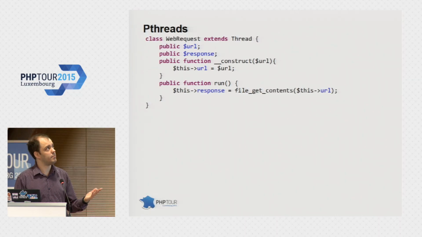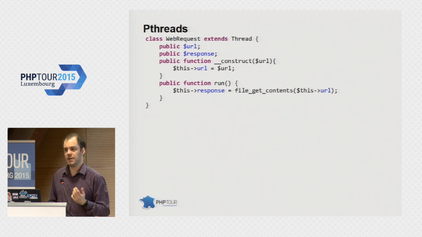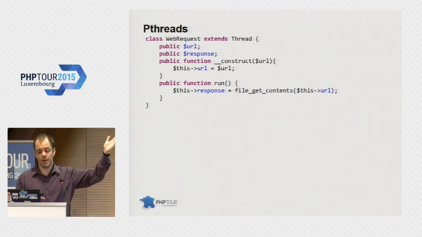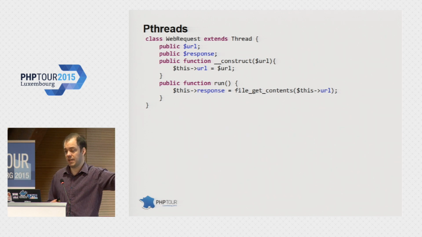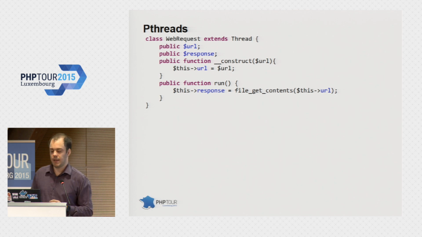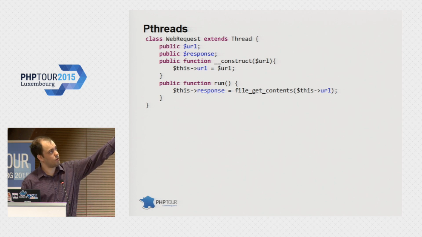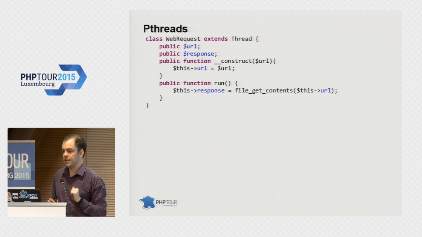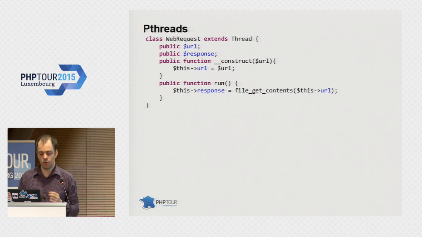So if we look at a basic implementation, let's say we have a class WebRequest that we create, and we have the Pthreads PECL extension loaded, then we can just extend Thread. Thread is then a class of that extension. And here we have a constructor where we set the URL, and there's a public method called run, which will automatically be called.